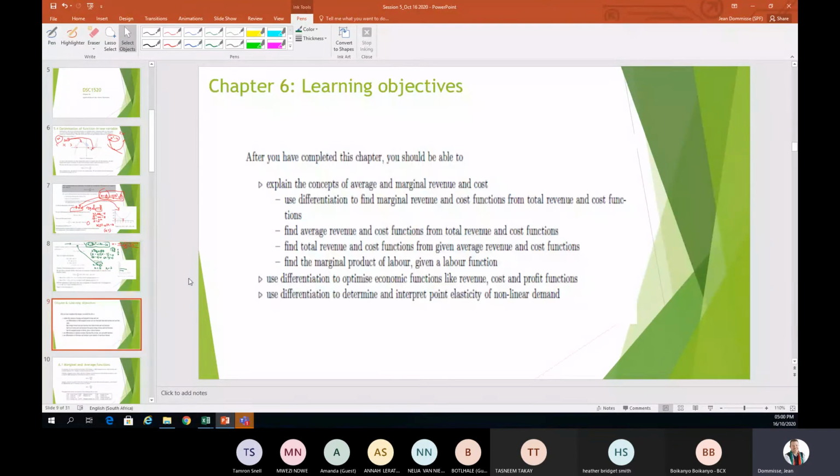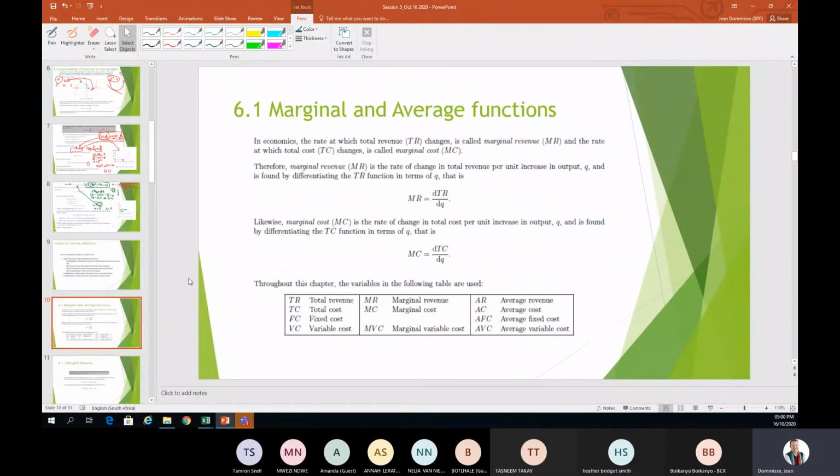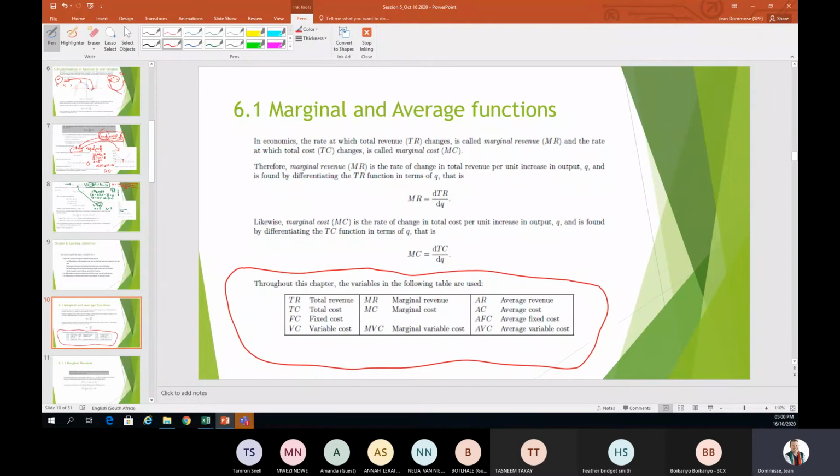So let's go to chapter 6, but it's actually part of differentiation. And I think the important thing that we need to remember is that we're going to differentiate the one curve to get the other one.